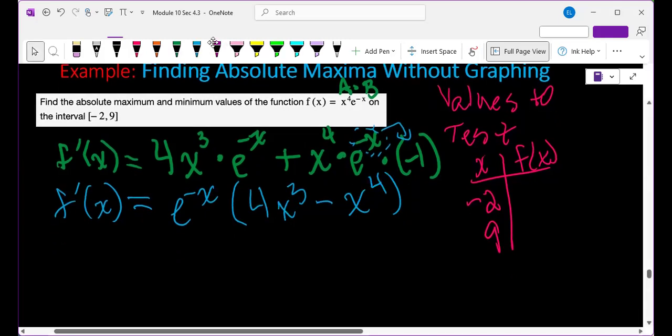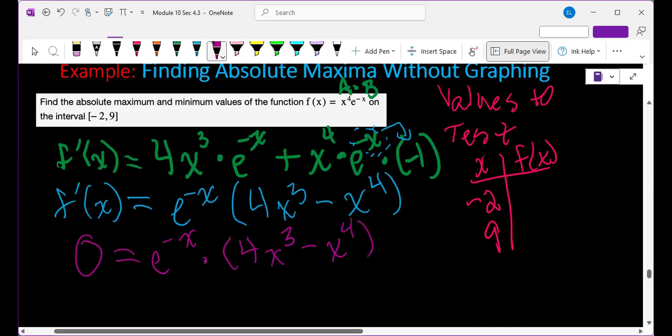So finding our critical values, we're setting it equal to 0. We're asking when is the derivative 0? So now I have 0 equals e to the -x times 4x cubed minus x to the 4th. That's two things being multiplied that are equal to 0.